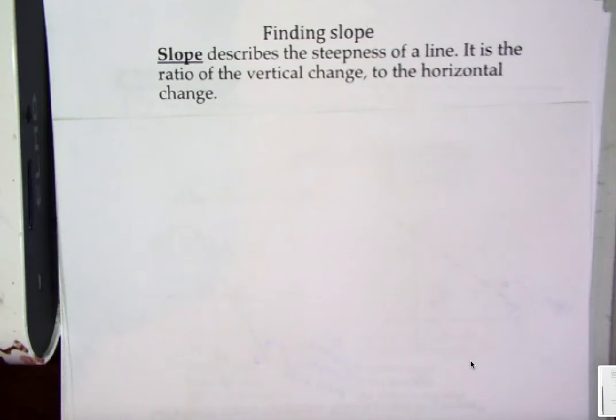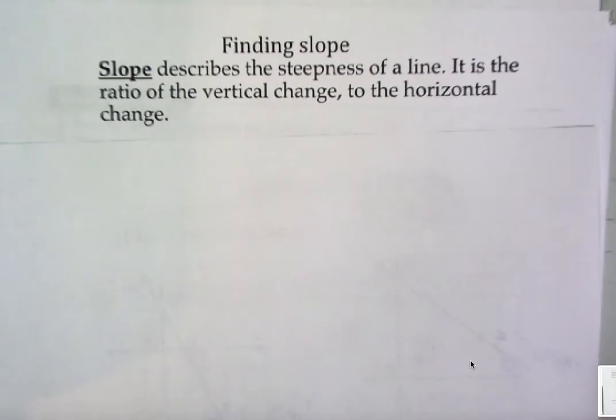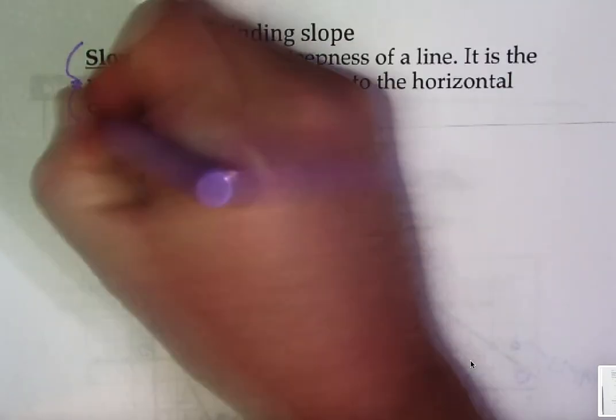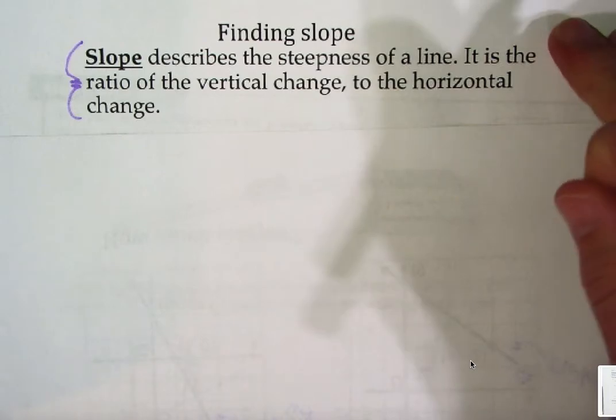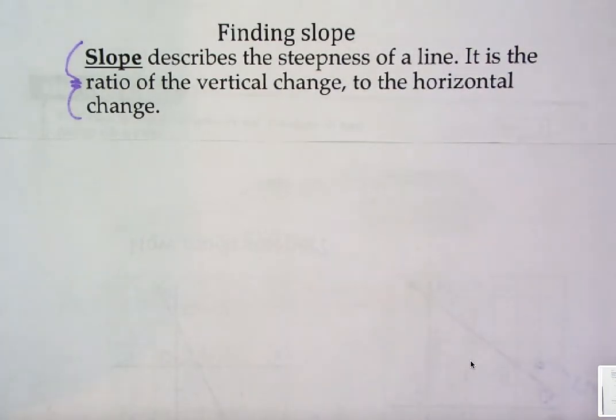So here's where I want you to add some stuff to your notebooks. This is finding slope, and we're going to add this to your notebook. So pause me now, add this to your notebook. Great, you unpause me. So slope describes how steep a line is. We're just calculating how steep it is.